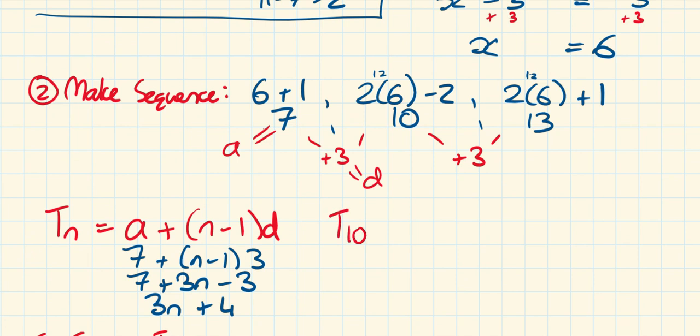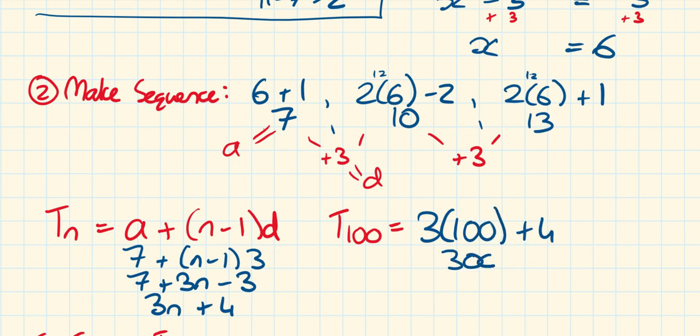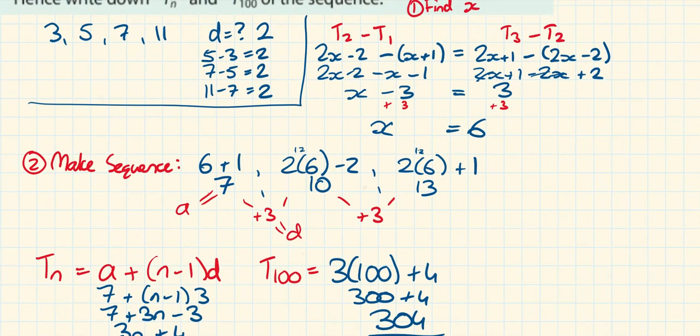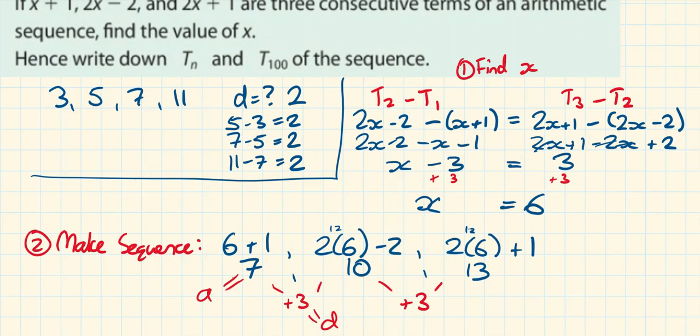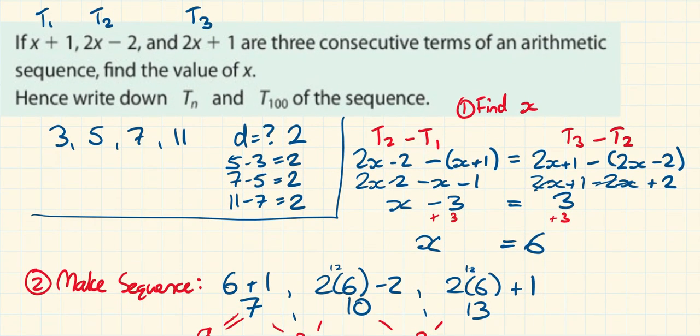So T100, that's term number 100, is 3 times 100 plus 4. So we've got 300 plus 4, which will be 304. Okay, so for this one, the main thing you need to remember is this part up at the front. So when you've got algebra terms, you need to minus them from each other.